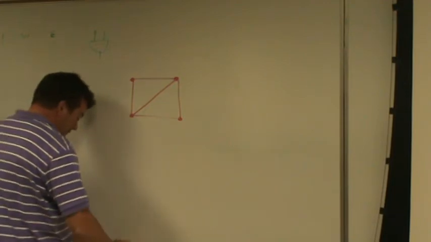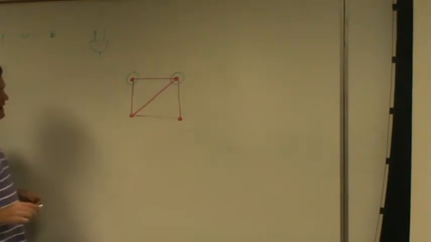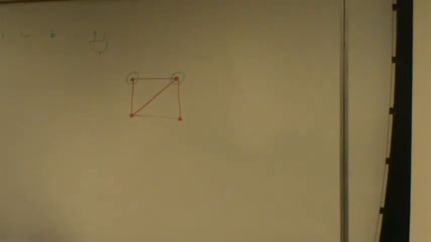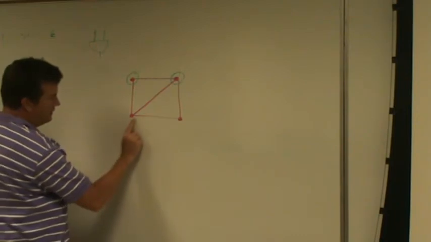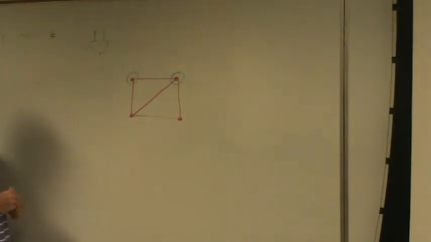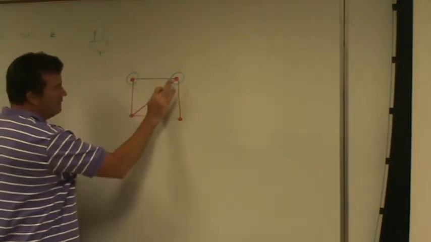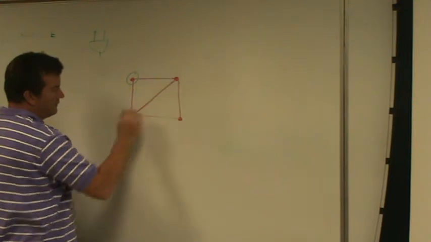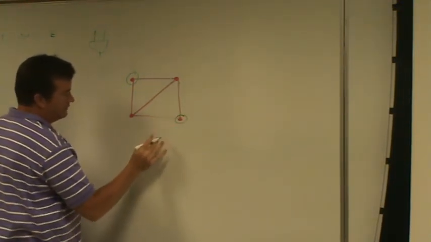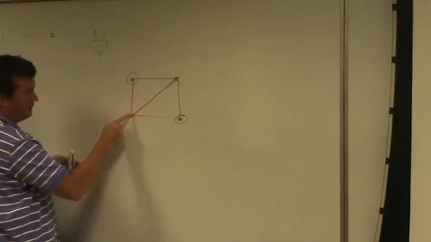So for example, this would not be a vertex cover because this edge is not covered, right? And then if we said, is this a vertex cover? Well, no, this would not be a vertex cover because this edge is not covered.